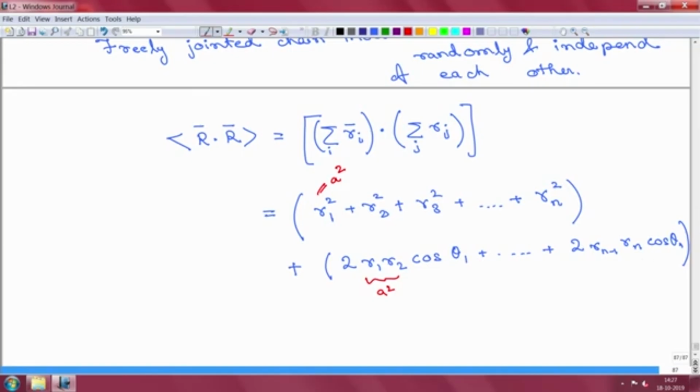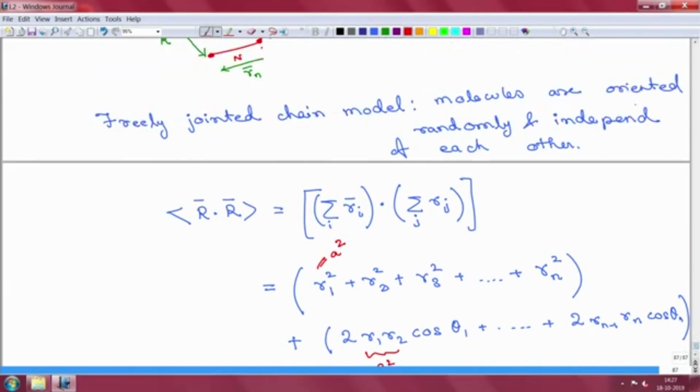Now, we have already assumed that the molecules are oriented randomly and independent of each other. Or this is the spelling is wrong. Okay. This is independent. Independent of each other.